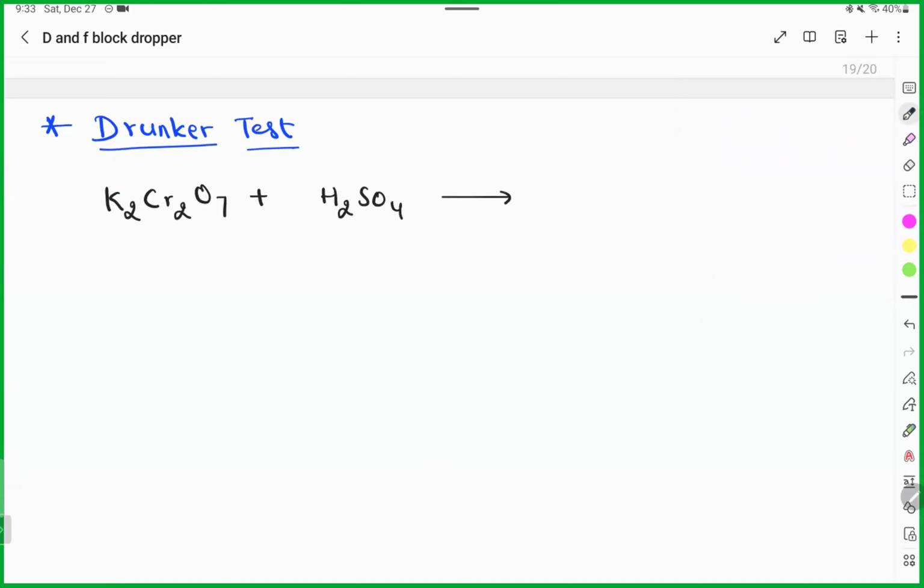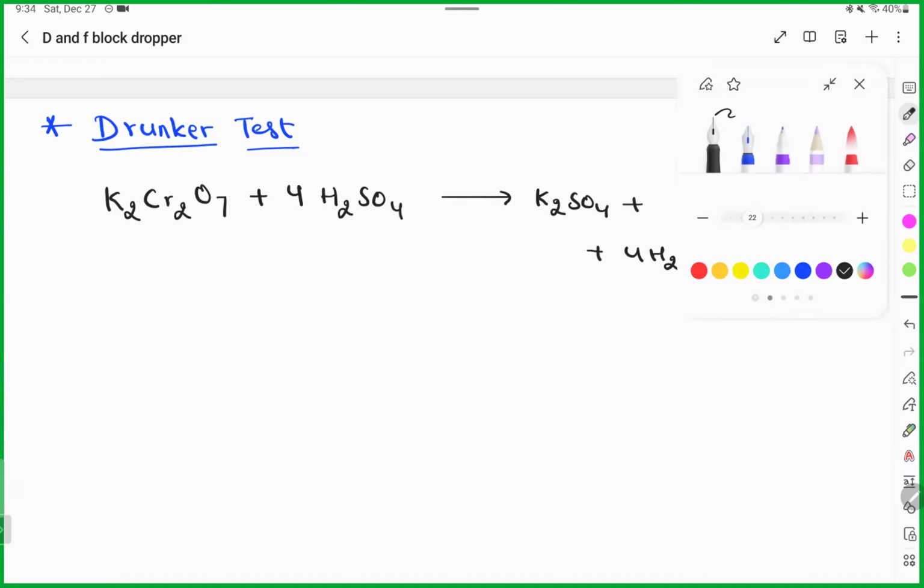It will convert into K2SO4, correct? Then it converts into Cr2(SO4)3 plus 4H2O, because of 4H2SO4, and there will be three nascent oxygen in the case of K₂Cr₂O₇.